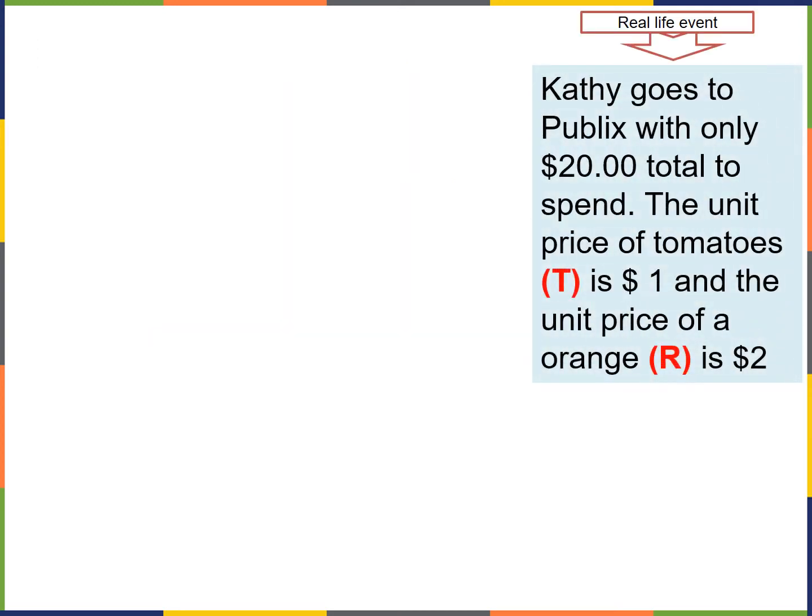So let's start with the real life event of Kathy going to Publix with only $20. She needs to purchase some tomatoes, $1 each, and oranges, $2. For the mathematical formulation, T represents the quantity of tomatoes that you will purchase, and R represents the quantity of oranges that you will purchase.